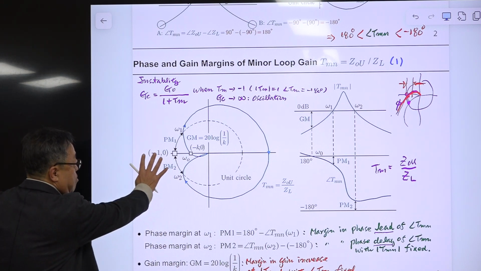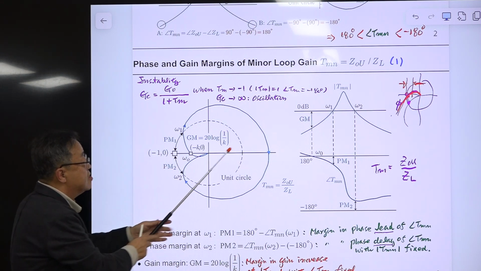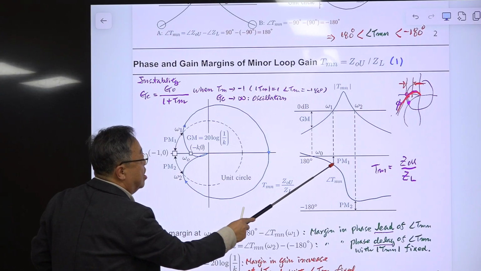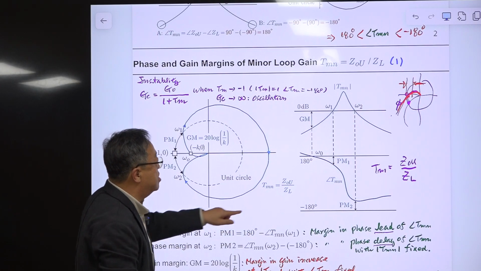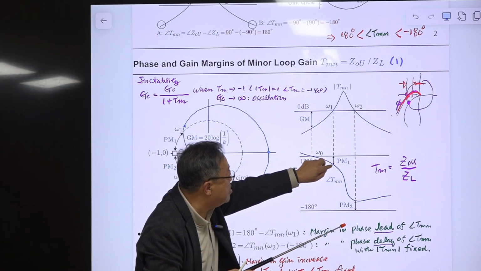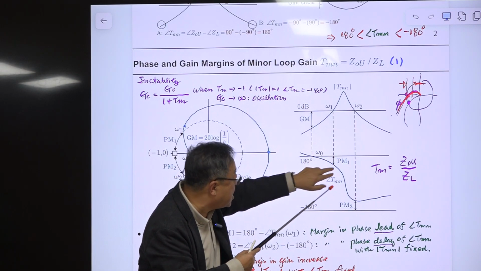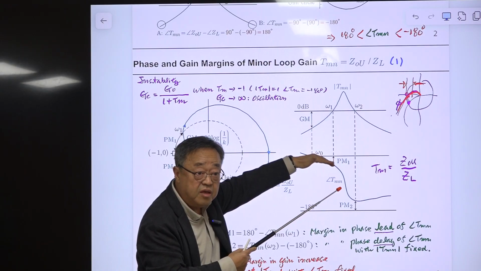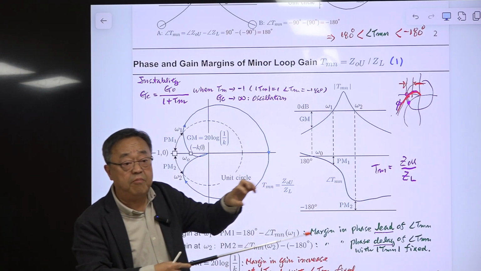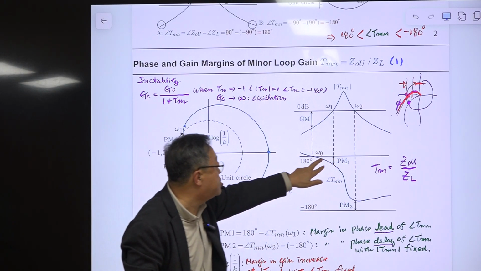So when you are considering the phase margin, this is fixed. This is fixed, and the phase margin PM1 is this distance. The reason for this is if you increase this one, you are putting some phase advance of this much.